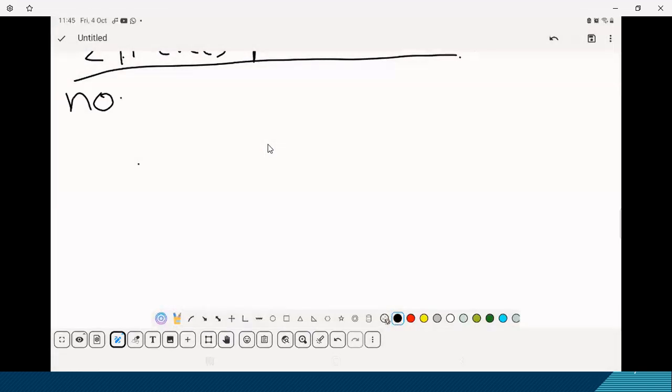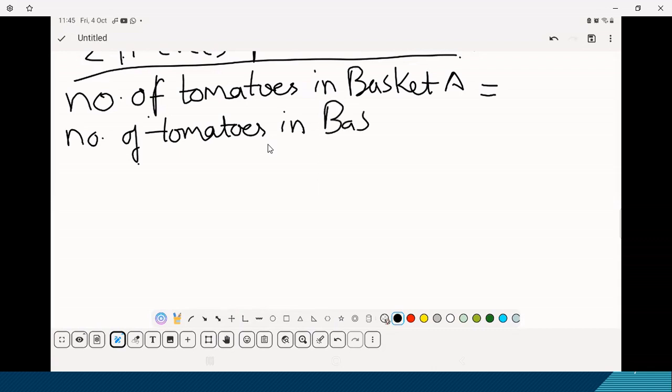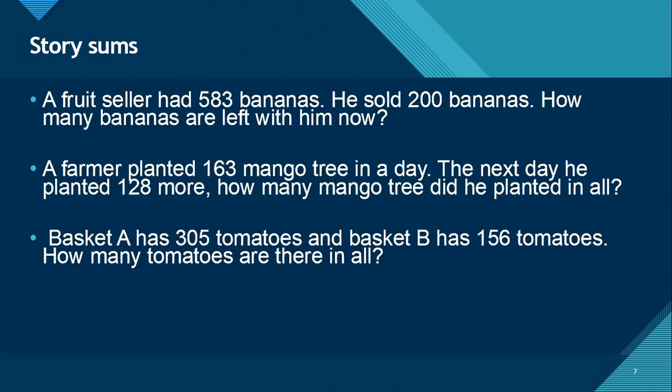Number of tomatoes in basket A. How many tomatoes were there? Number of tomatoes in basket B.